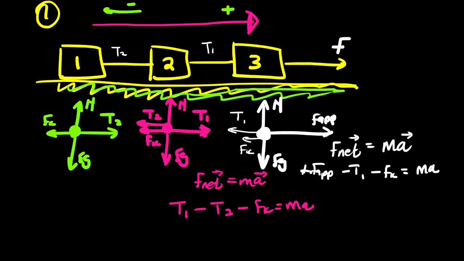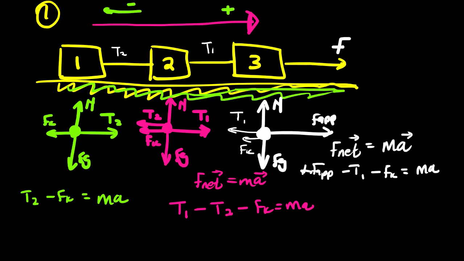And then looking at the next one, which is 1, we have T2 minus Fk, equals ma. So these are the expansions of our equation for each and every object we have here.